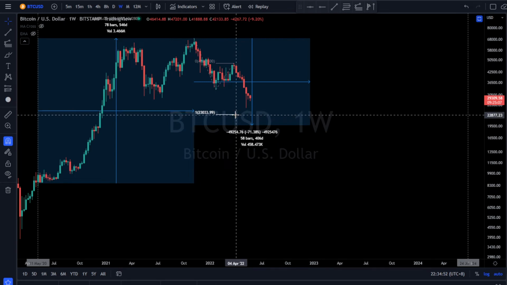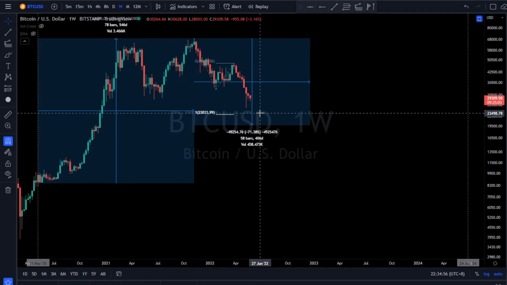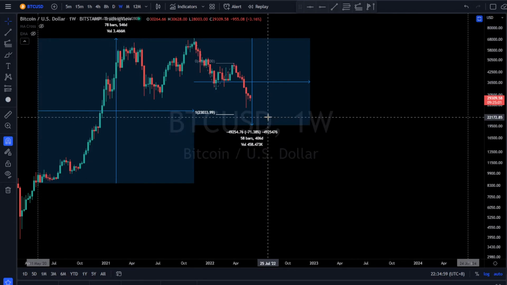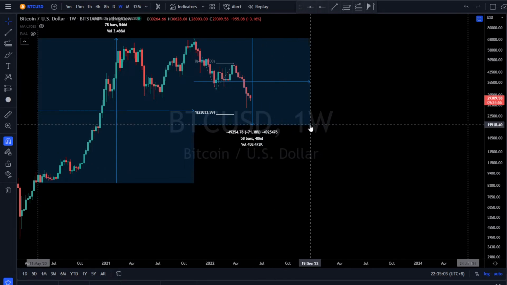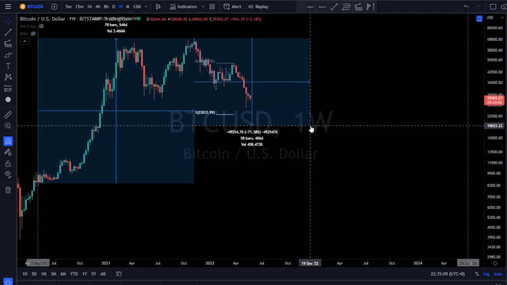So we expect some overshoot of that. So I would say a range between 20 to 23,000. That's what I'm expecting for this bear market low, and we'll probably find it about 400 plus days from the high. So that's late this year or maybe early next year, right?